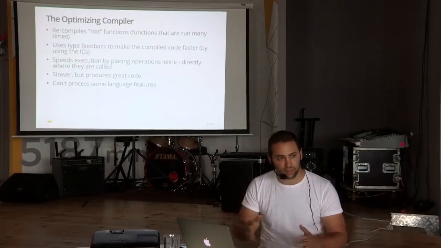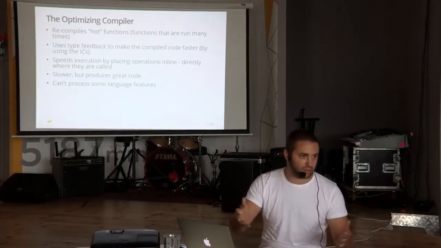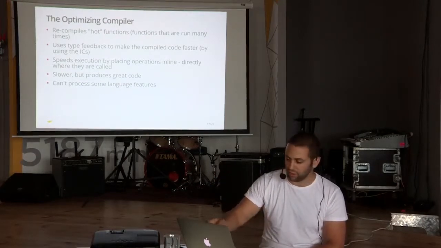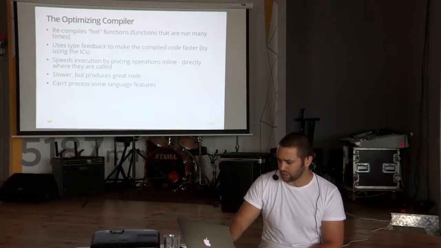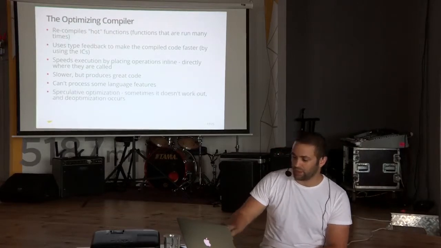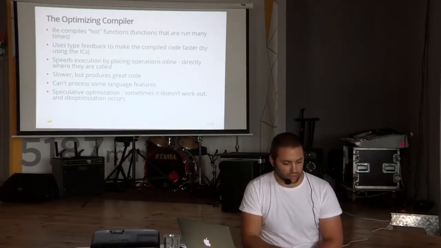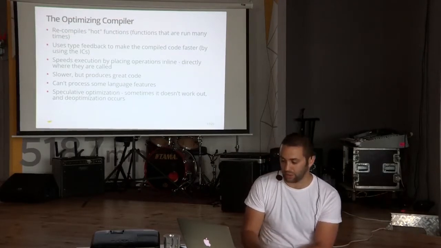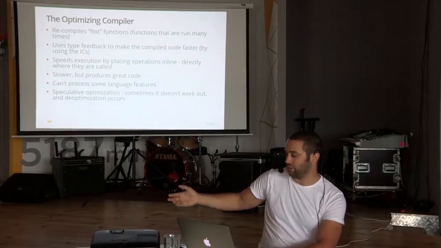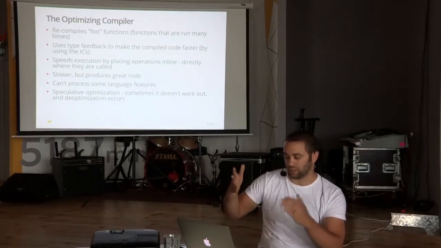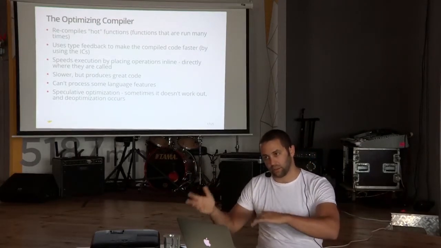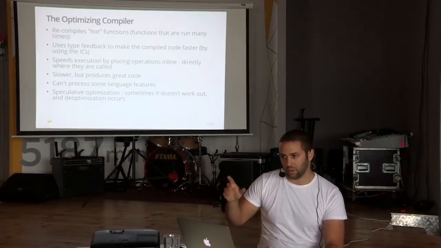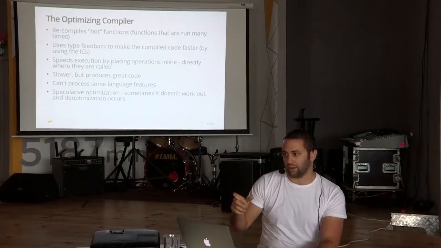Now, it's important to say that this is how it is today. And tomorrow, the guys in the V8 team may introduce some new features or some new options that are possible. So we need to measure each time to see, understand and learn something from it. This is speculative, so it's perfectly legit that I call the same function one time with integers, and the other time with strings, but I may lose the optimization that I had from before.